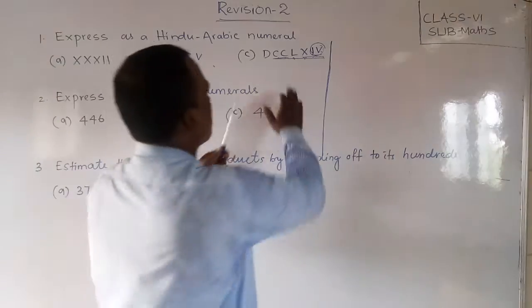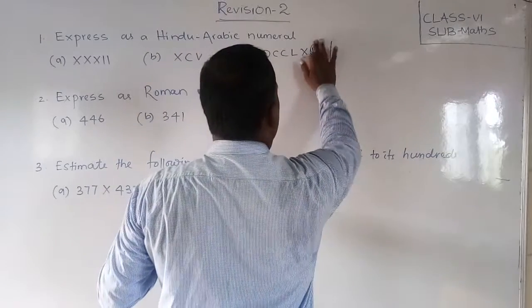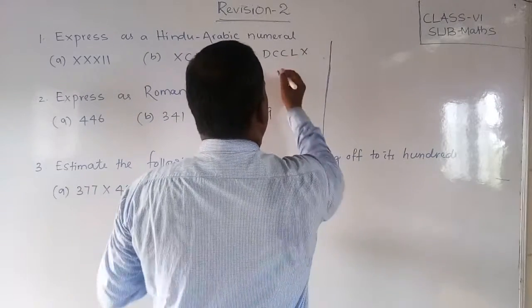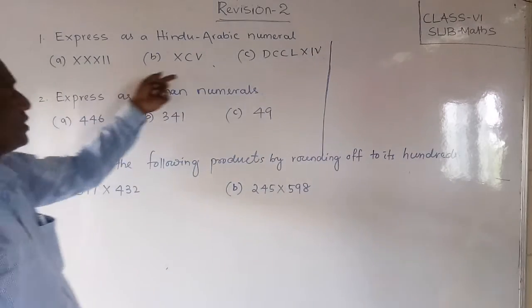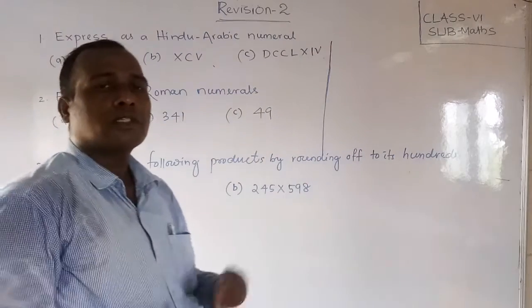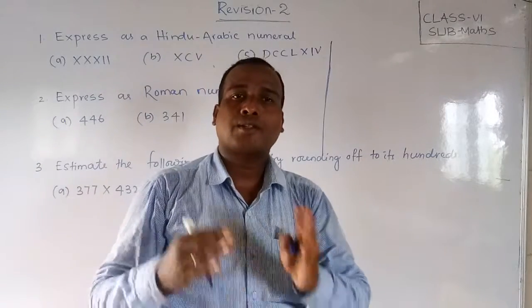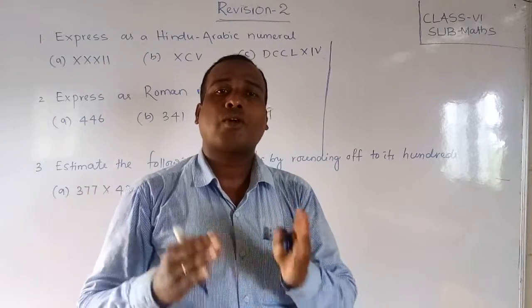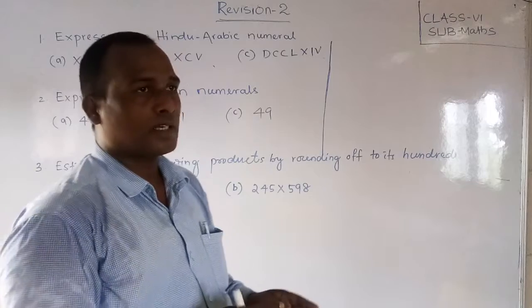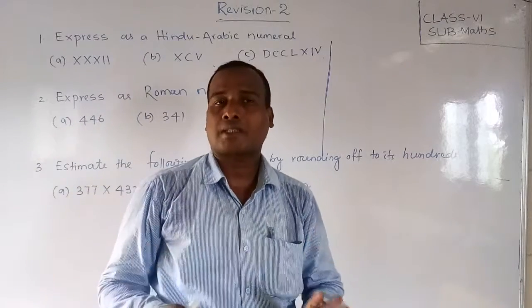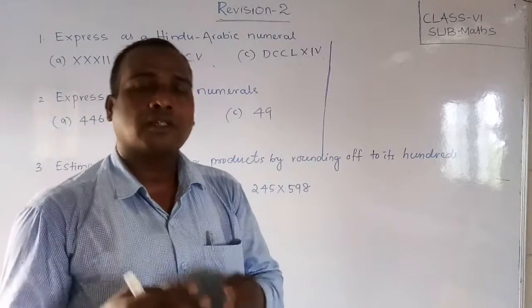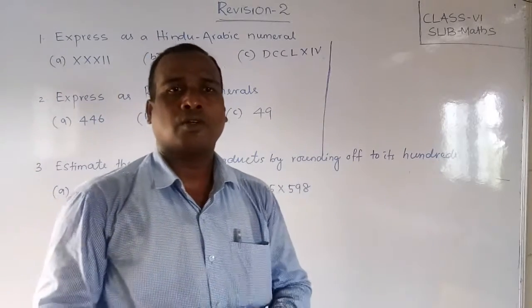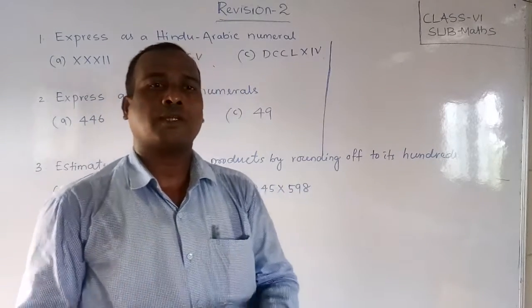Third question DCCLXIV. So these are the three questions I have given. We have to convert them to Hindu Arabic numerals. Hindu Arabic numerals means our general numbers like 25, 30, 100, 300, 355. That is called the Hindu Arabic numerals.